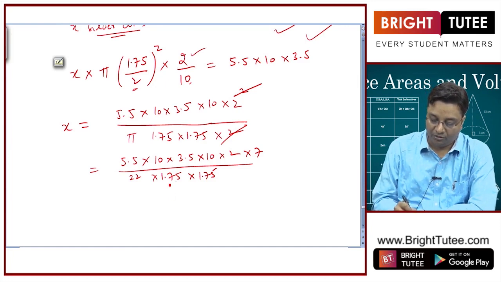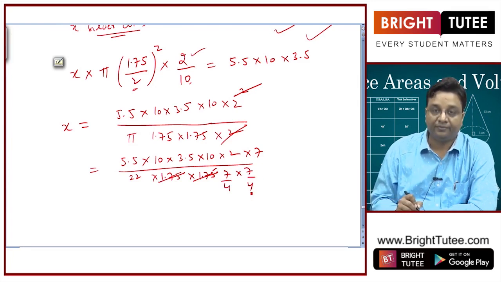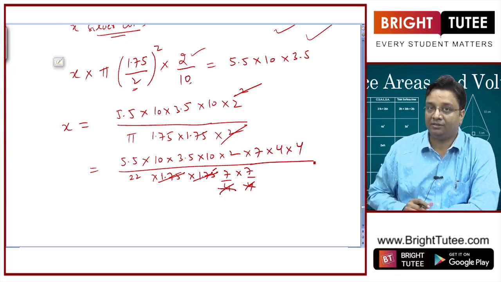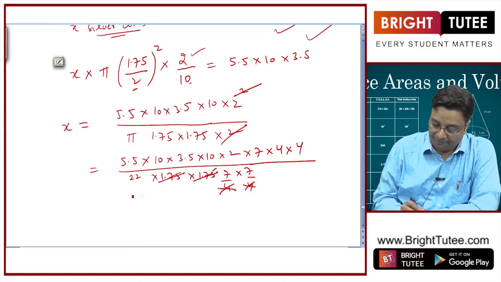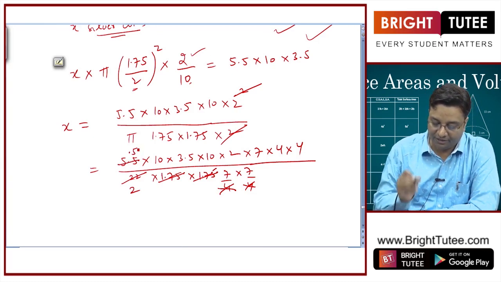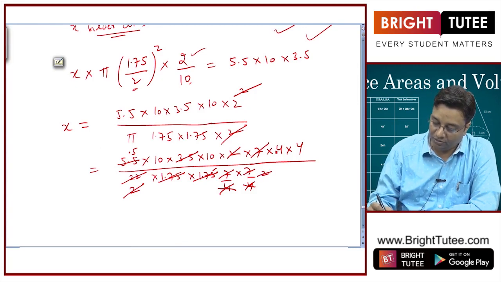So rather than writing 1.75 into 1.75, you can write 7 into 7 by 4 into 4, and even these 4s can be taken in the numerator. Now the calculation has become a little simpler. This 22, 11 2s are 22, 11 5s are 55, so 0.5 will come here. This 2 can be cancelled, 7 can be cancelled. 3.5 into 2 is 7, 2 into 2 is 4.